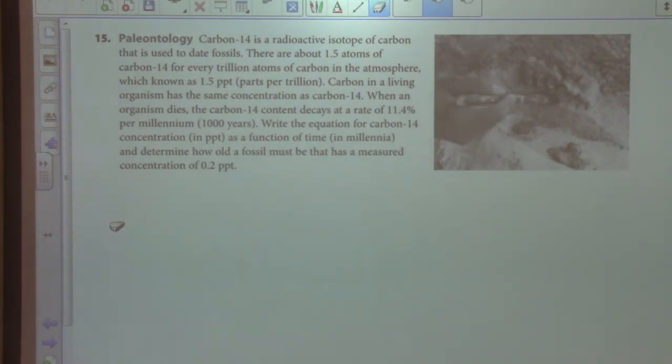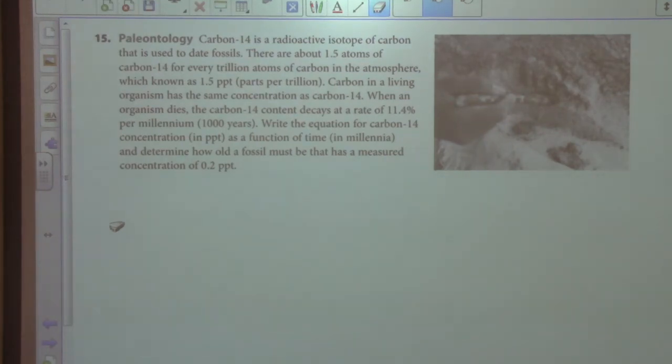This is way more words. I think the 1.5 doesn't really matter, but where the 11.4% is coming from, I think that would be kind of important. Yeah, so with this one they took more effort to dress up the numbers, too much effort if you ask me.